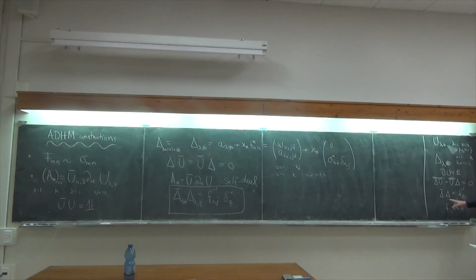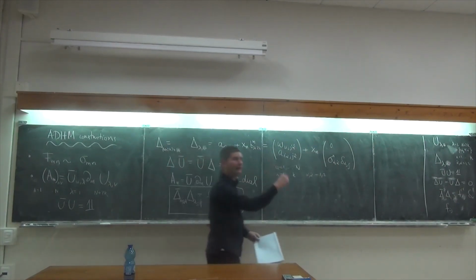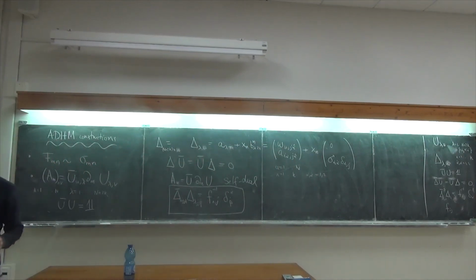But you see, delta bar f, delta bar is I alpha dot lambda j delta dot, and this is f minus 1, I j delta alpha dot. Bar is just a transposition. Bar is a Hermitian conjugate. Every time I write a bar, it is the Hermitian conjugate.